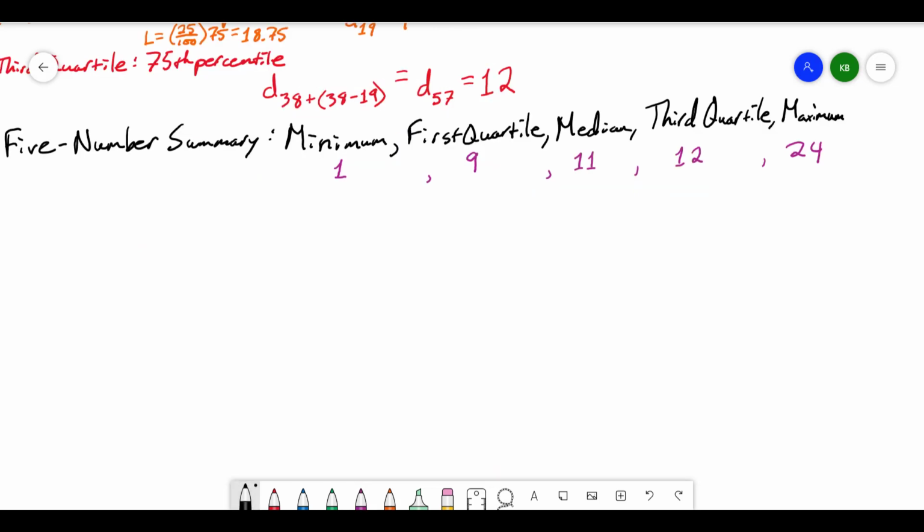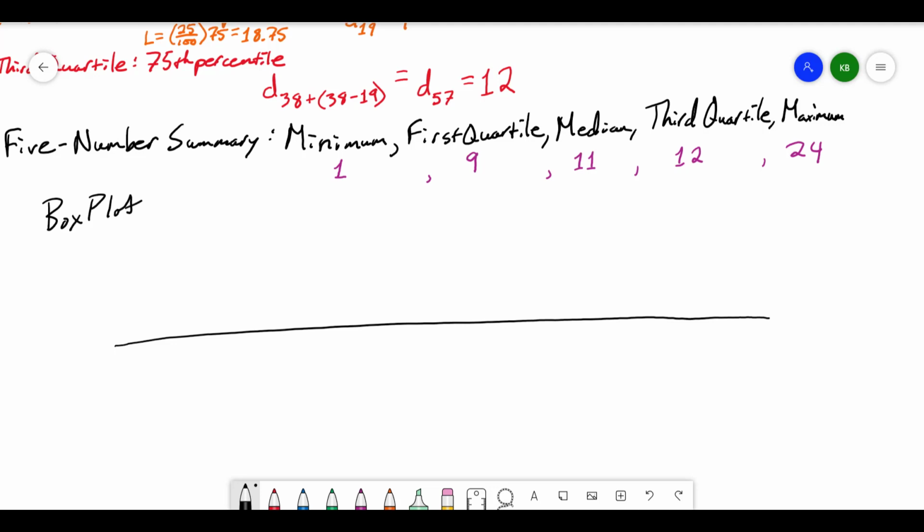With a 5-number summary, one of the common ways that I illustrate it is by using what's called a box plot. Now with a box plot, you need a number line that has numbers on it in even increments. I'm going to look for my median value of 11.